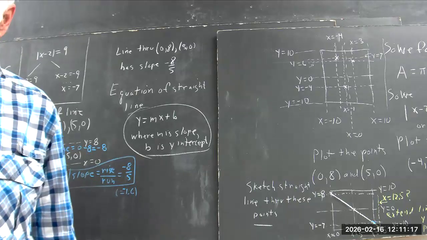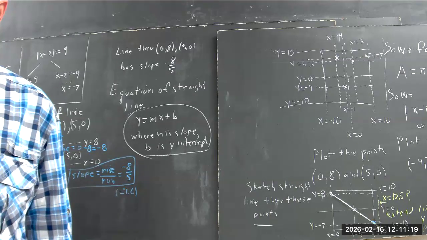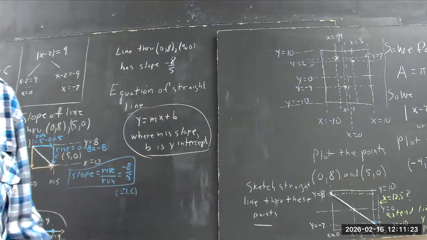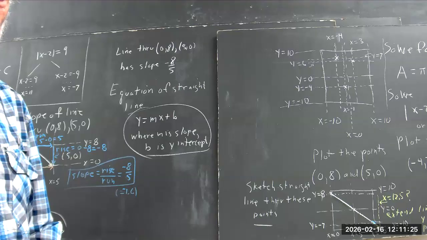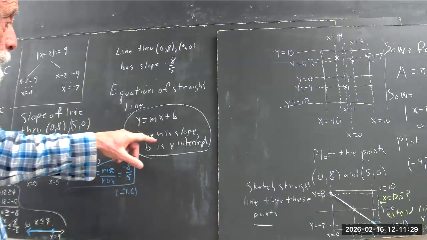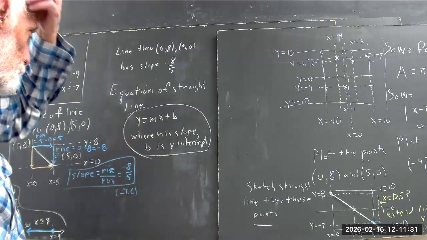Now, there are other forms of the equation of a straight line, but this is the one we're going to sort of concentrate on. You see other forms in the open math. Okay. Y equals mx plus b, where m is the slope and b is the y-intercept.